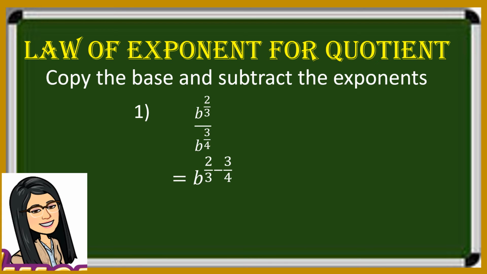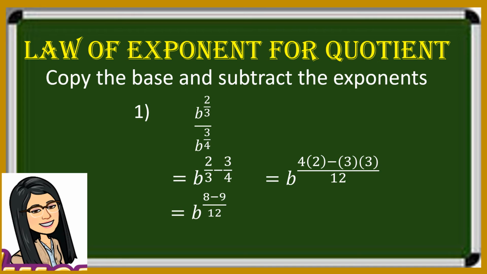So b is raised to 2/3 minus 3/4. They are dissimilar denominators, so we will use 12 as LCD. 12 divided by 3 is 4, times 2 is 8, and 12 divided by 4 is 3, times 3 is 9. So b is raised to 8 minus 9 over 12.